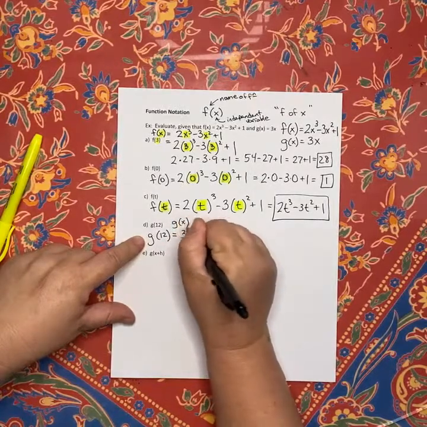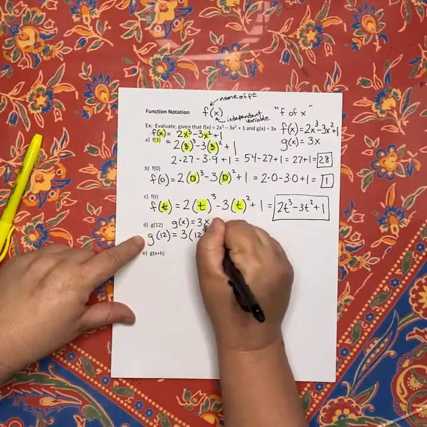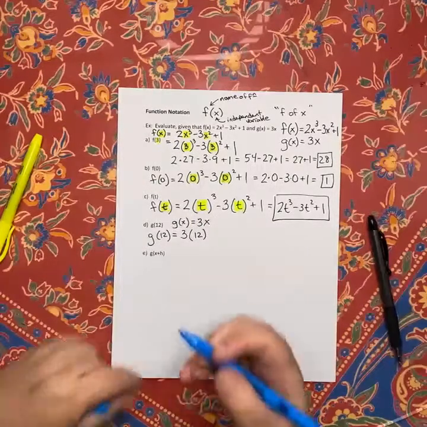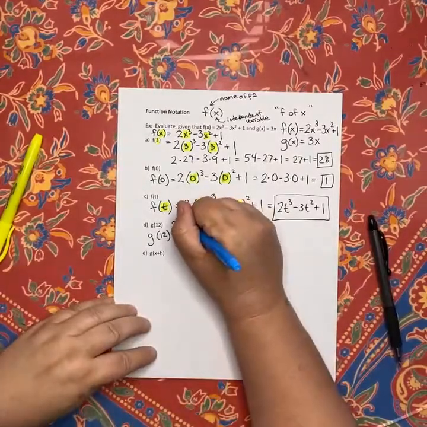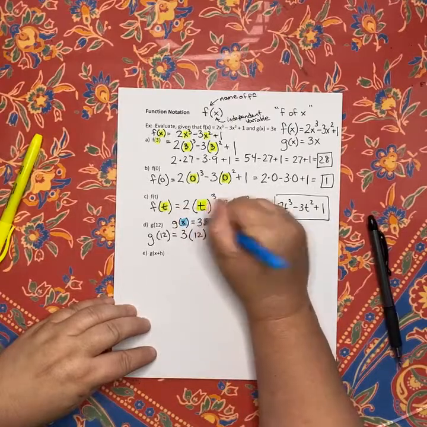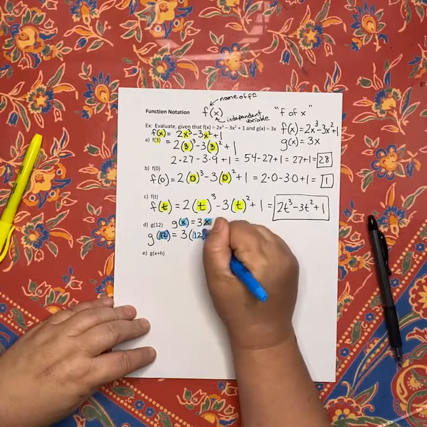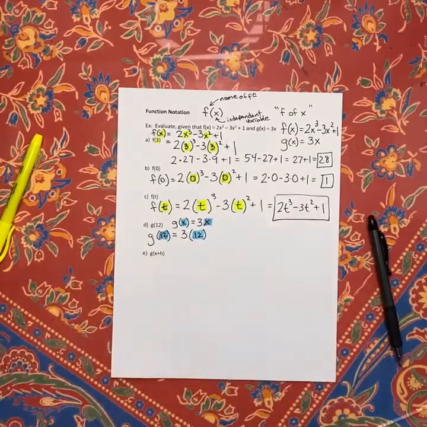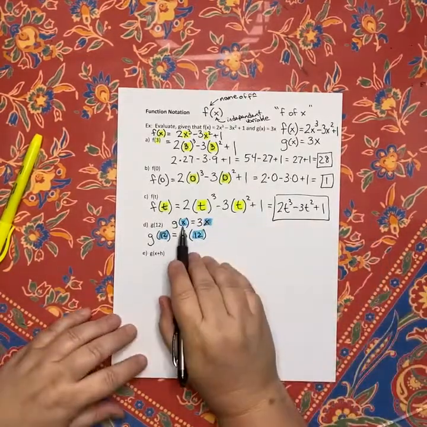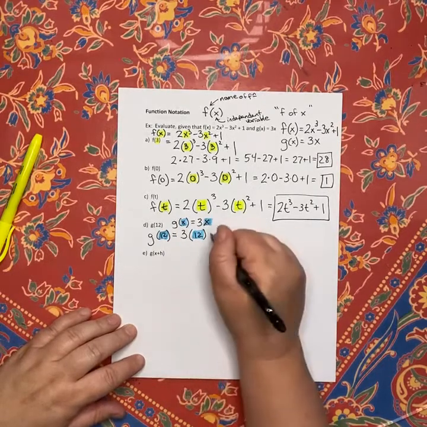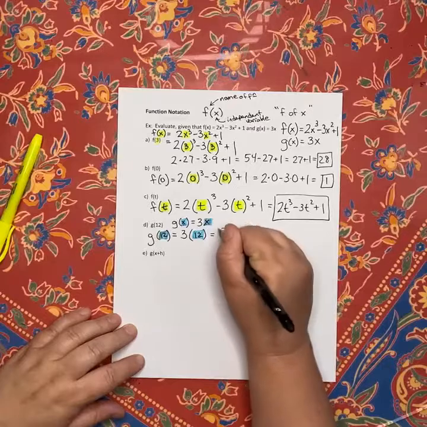G of x is 3x. G of x equals 3 times x. G of 12 equals 3 times 12, which is 36.